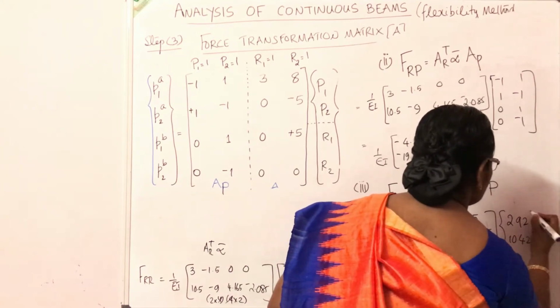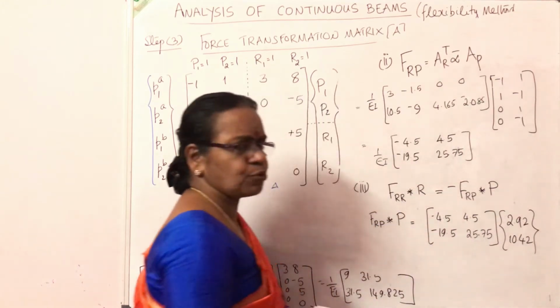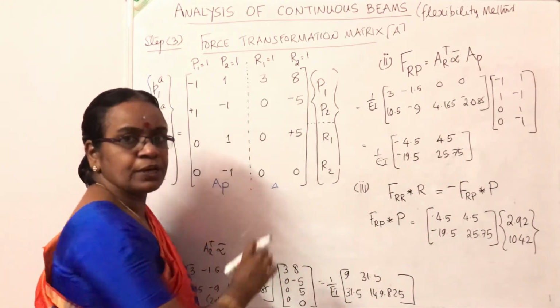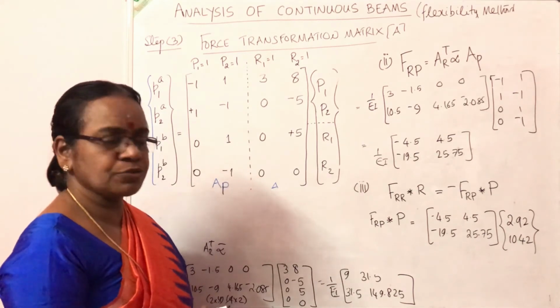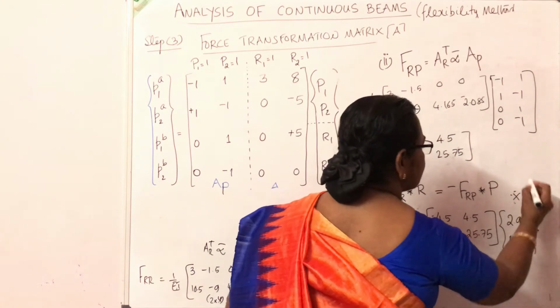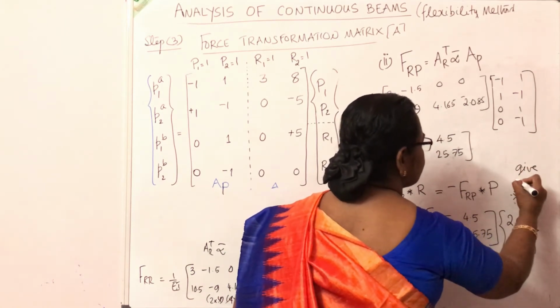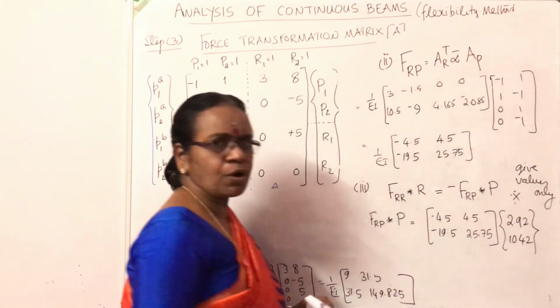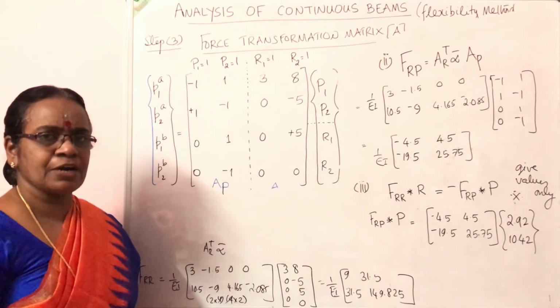Here we need not give again the sign of 10.42 as minus because that is accounted for in formulation of the transformation matrix. So just give the numerical values of P1 and P2. This is very important. Give values only, because sign has been already taken into account by formulation of transformation matrix.